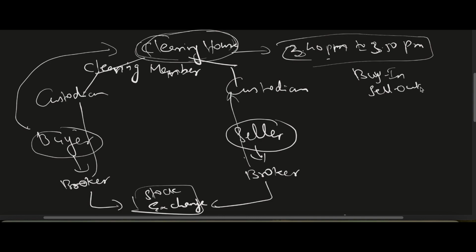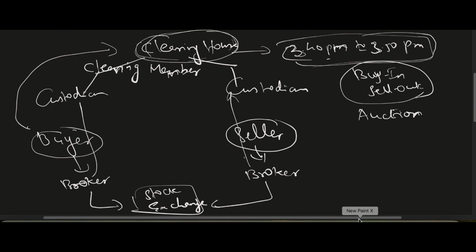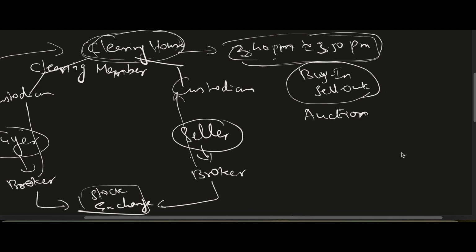In India, it is simply called an auction. In this window, the clearing house will participate and buy in if there is a problem with the buyer. Imagine the buyer doesn't have enough cash, but the seller is not going to accept all such reasons, and the seller will lose trust in the system itself when you give him any excuses.